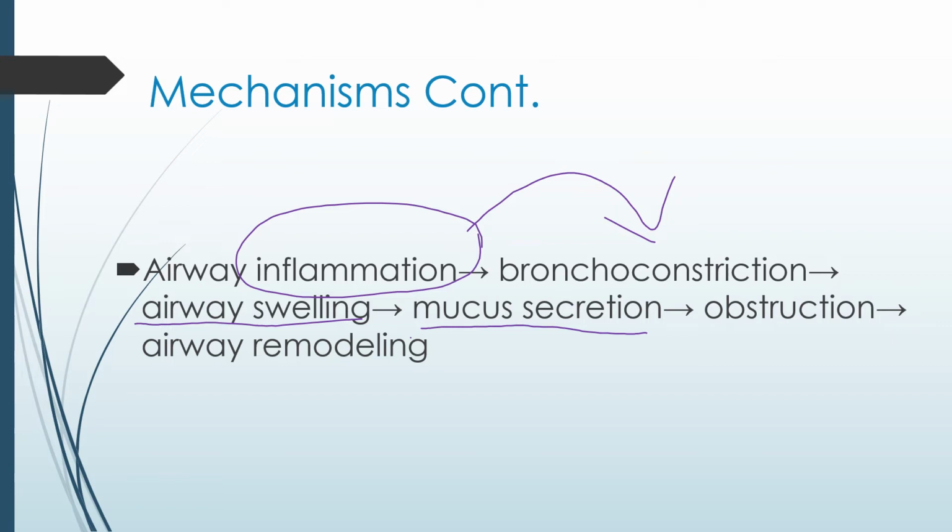Why do we create more mucus? Well, we're trying to flush out whatever allergen or whatever is in our lungs, whatever's causing it. We're trying to flush it out of our system. So we're creating lots of secretions. Those secretions can then cause obstruction on top of having smaller radius airways from this whole bronchospasm thing, right?